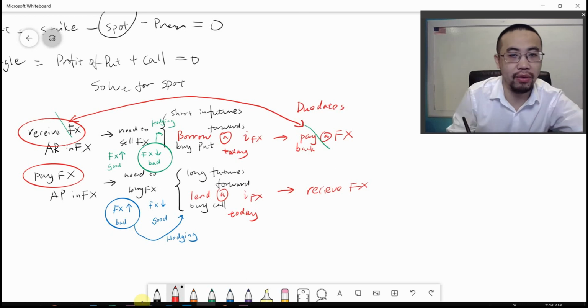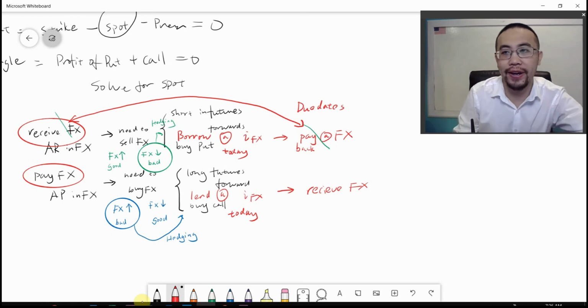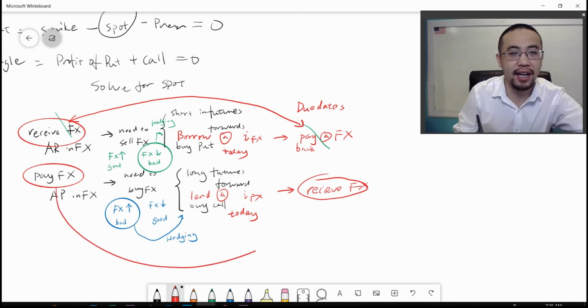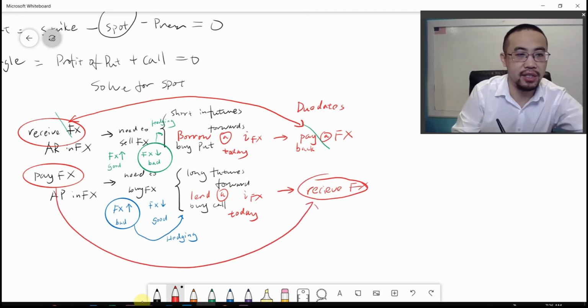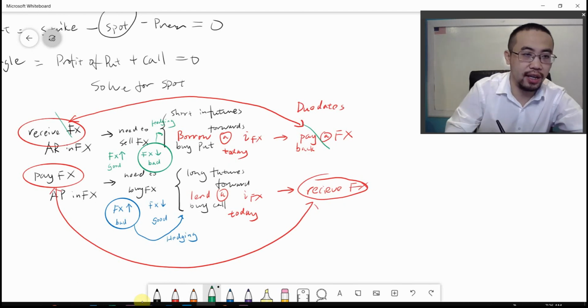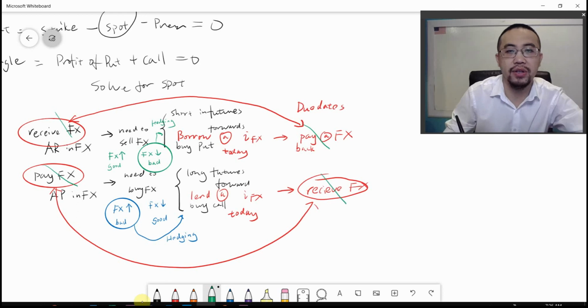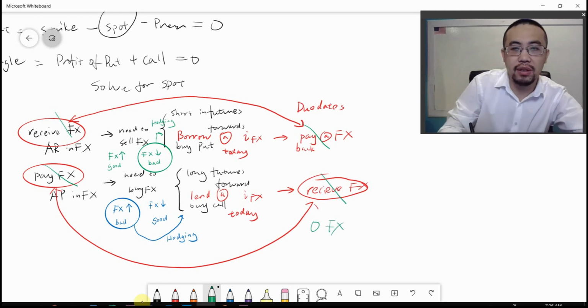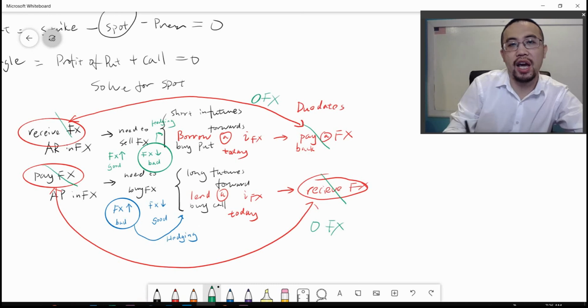And the catch here is to make the money you receive in foreign currency exactly the same as the money you pay to your foreign partner. So this way it got canceled and this got canceled, and there's a zero foreign currency cash flow. Like here, zero foreign currency cash flow.